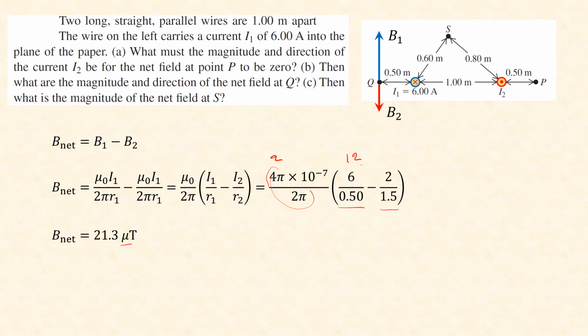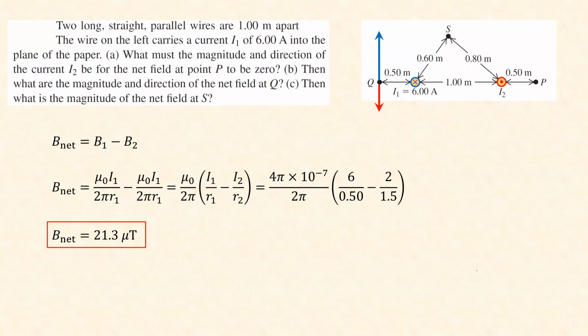It becomes 12 times 2, which is 24, minus 4/3. 24 minus 4/3 becomes about 20. Yeah, I think it's because of the 10 to the negative 7. 21 times 10 to the negative 7. So that should be 2.13, I guess. 2.13 microtesla. Anyhow, you can calculate that.